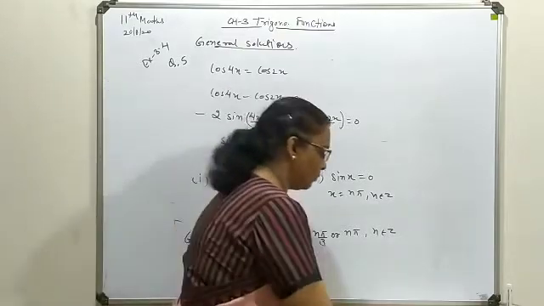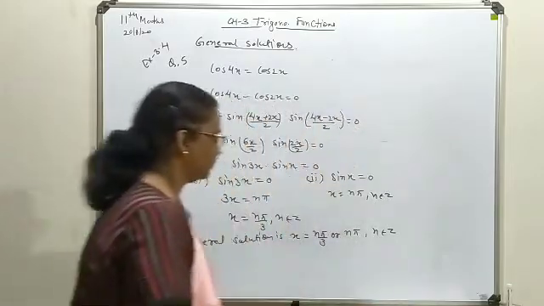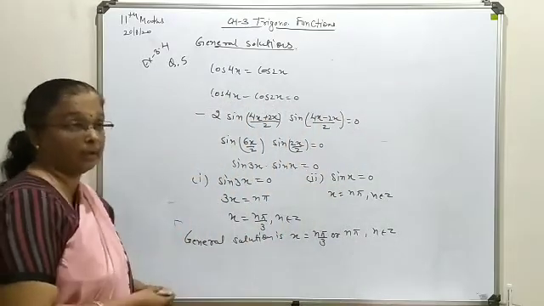Now move towards the next type, that is question number 6, in which 3 terms are available.